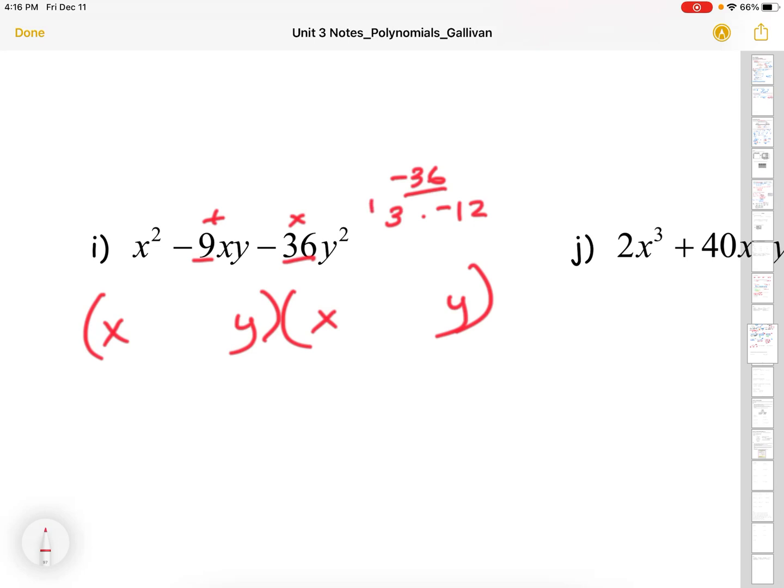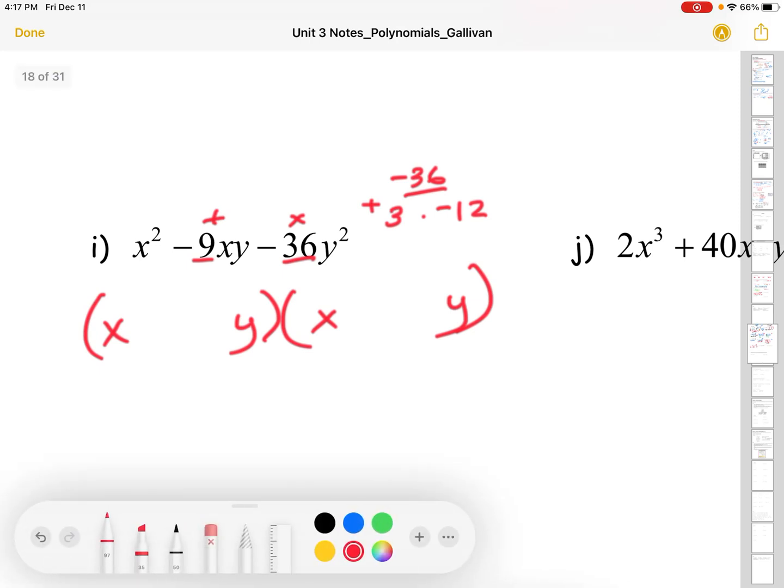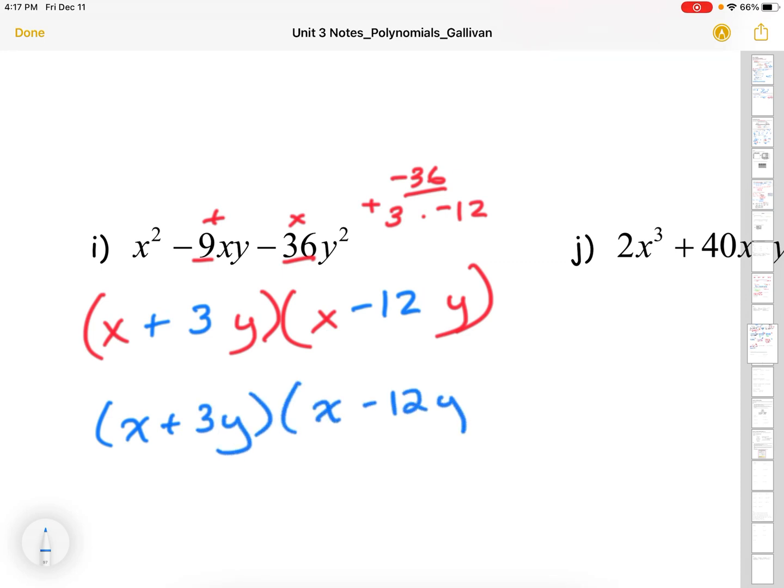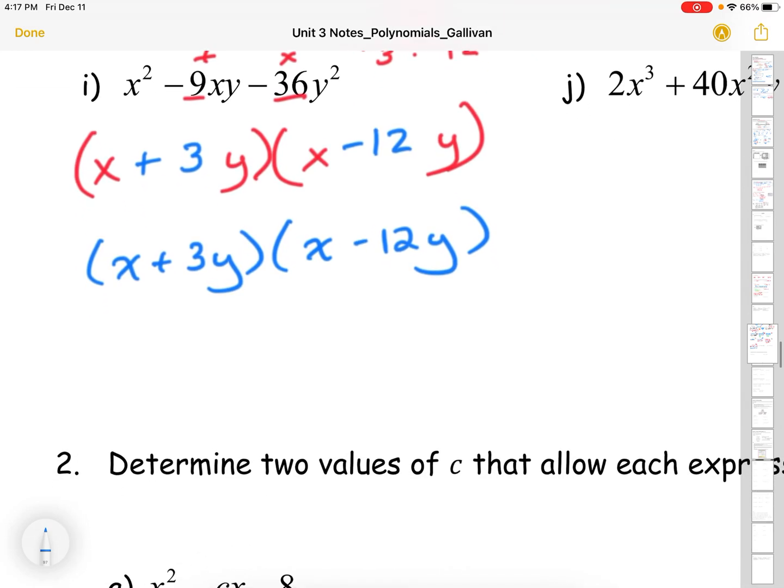I'm going to make the larger one negative because 9 is negative. And positive 3 plus negative 12 equals negative 9. So I'm going to put those in just as they are, plus 3 and minus 12. So what you see is x plus 3y times x minus 12y.